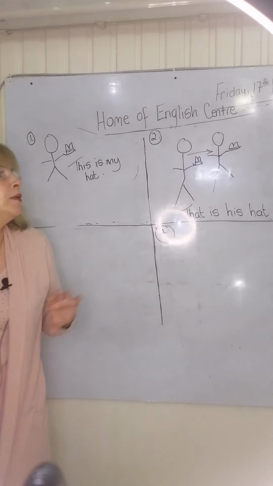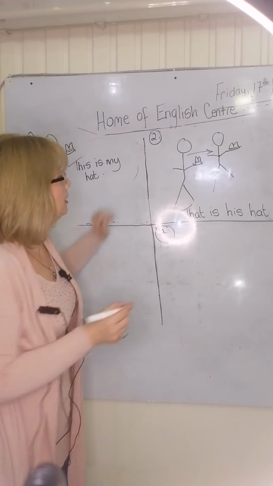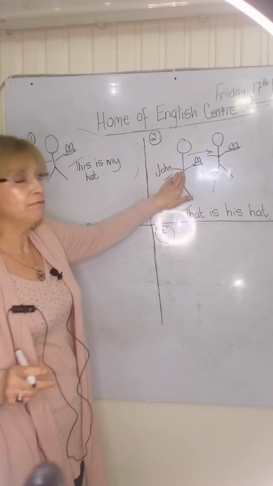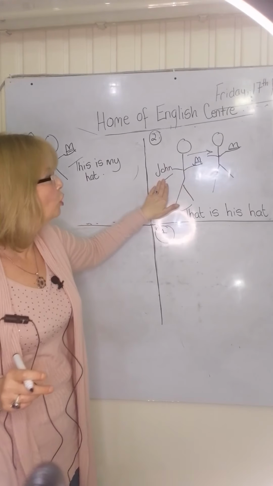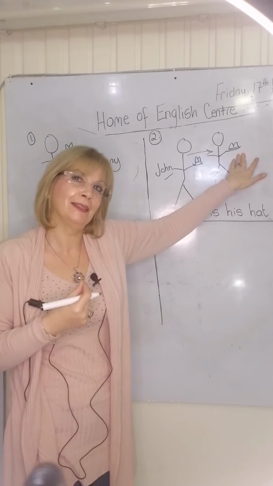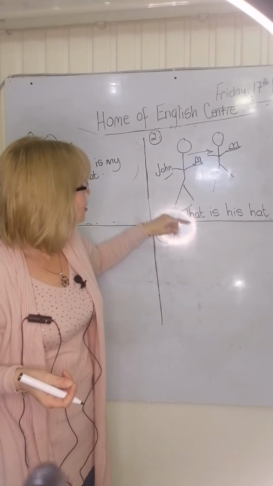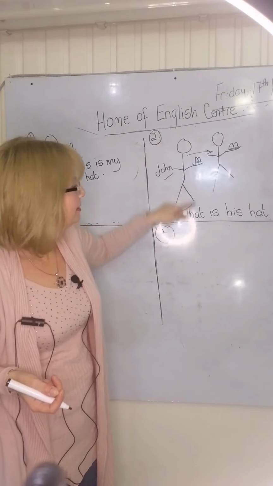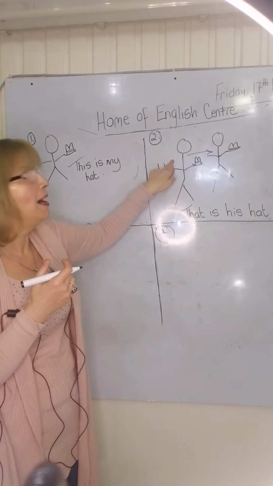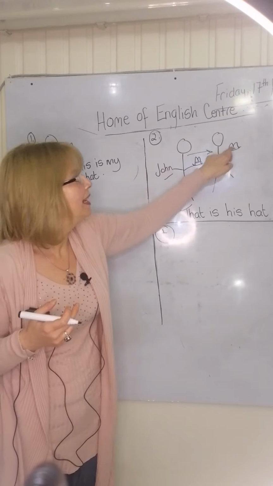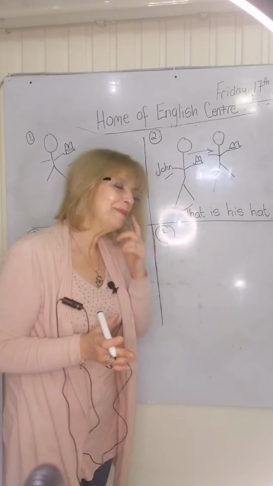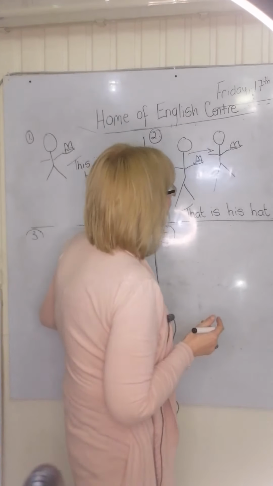So who owns the other hat? John has his hat, a hat for John, and John's friend has a hat. And John is saying that is his hat. This is my hat. This is his hat. All okay? Okay.